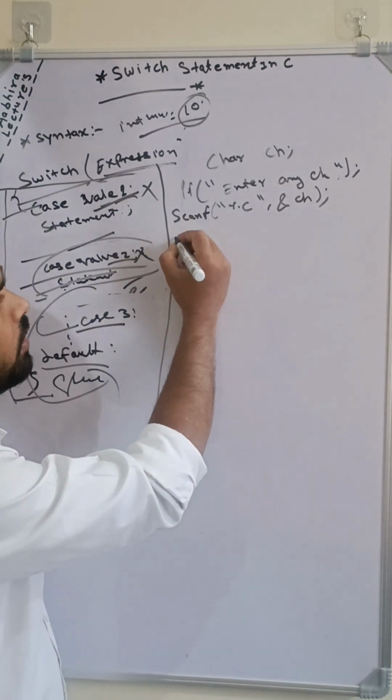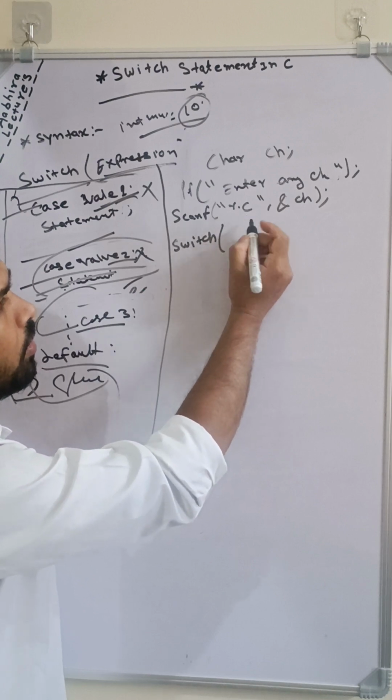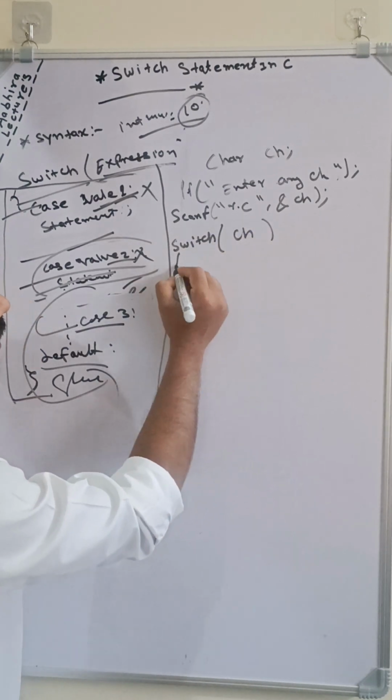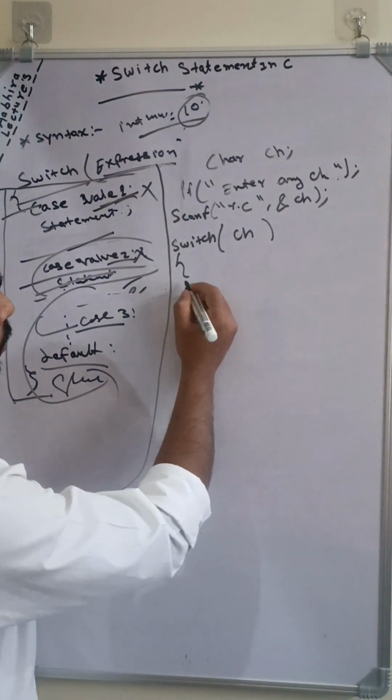So here write switch on the character ch, then open the bracket. Suppose we write case.